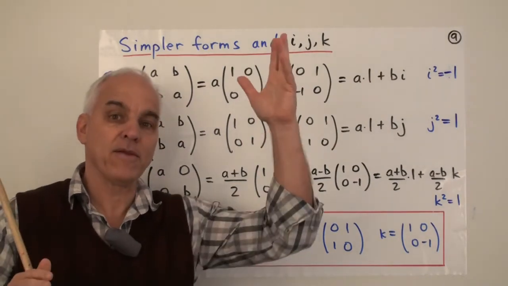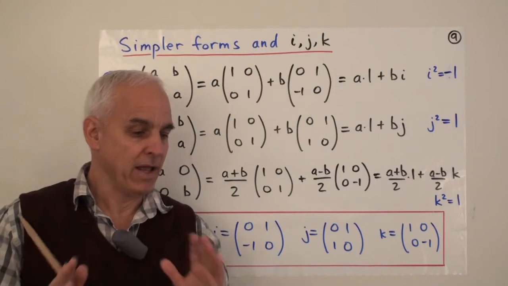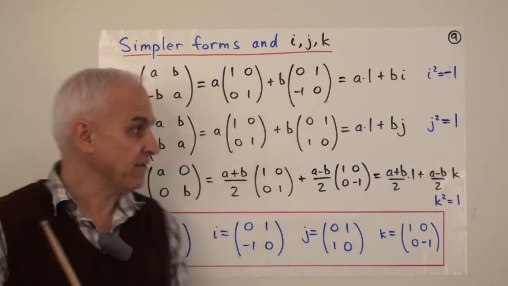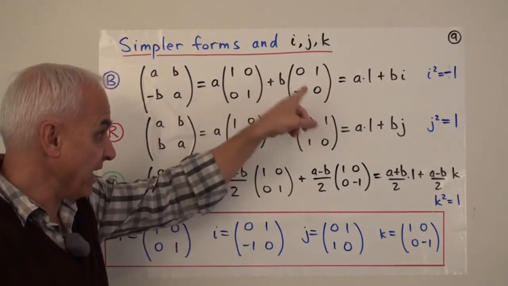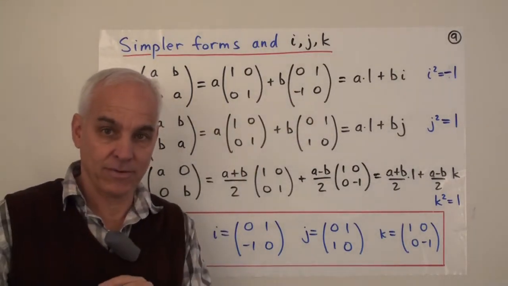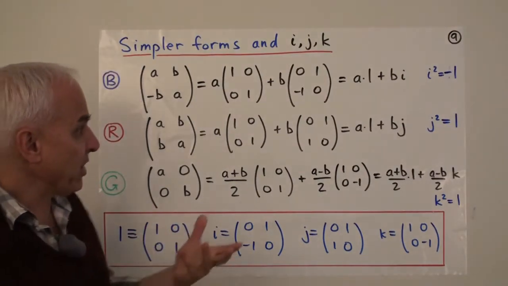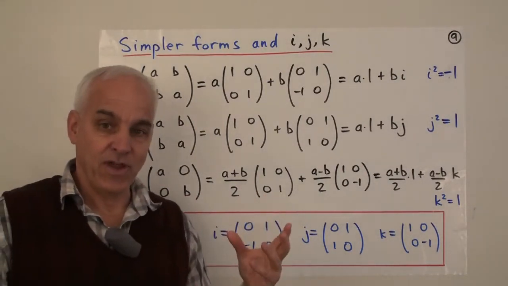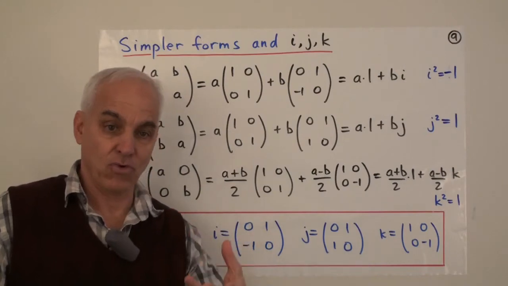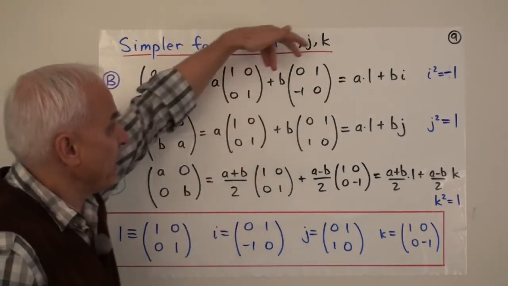So this is a matrix answer to the question, what is the square root of minus 1? Is it some weird thing that's coming from Andromeda? From a linear algebra point of view, it's not weird at all. It's very simple. I is that 2 by 2 matrix. Nothing more and nothing less. The intimate connection between this and rotation by 90 degrees, or a quarter turn, is obvious from its form.